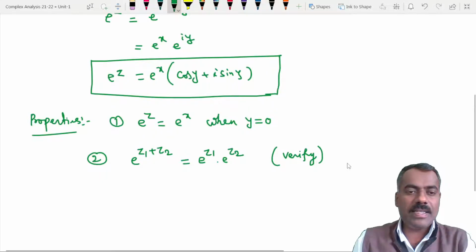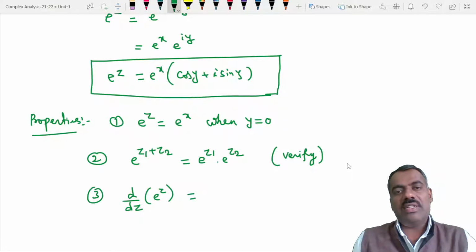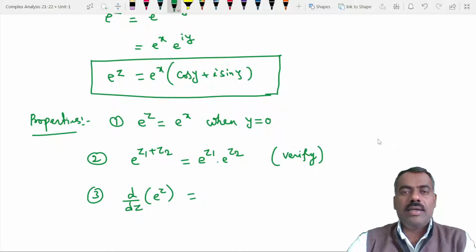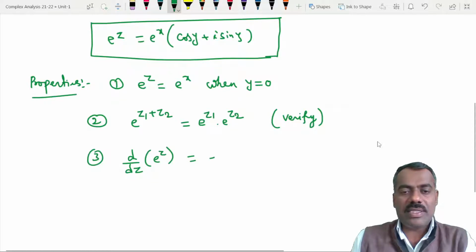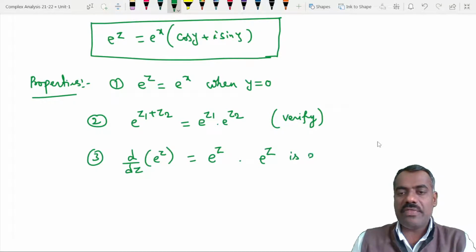Then, what is the differentiation of e power z, which we have seen when we discussed the Cauchy-Riemann equations? It is the same as e power z. So, in particular, e power z is an entire function because it is differentiable everywhere.